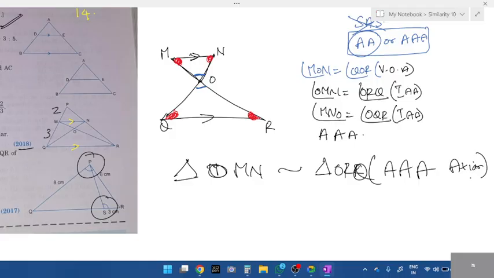In between, you can have lunch and sleep. Complete some other chapter. Then again in the evening, log in at 5:30, 5:30 to 6:30. So these two triangles are similar.